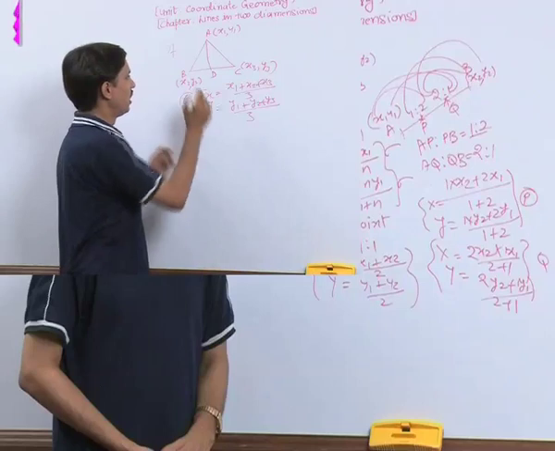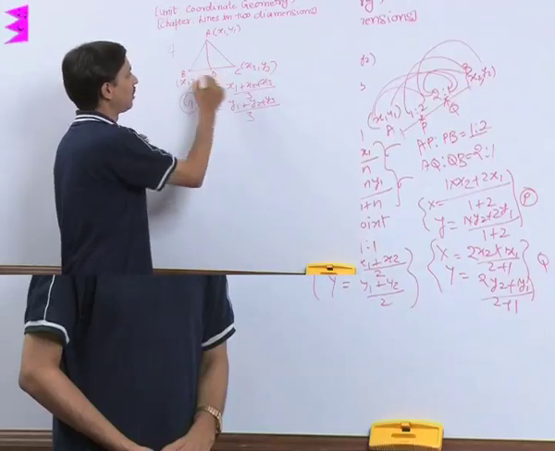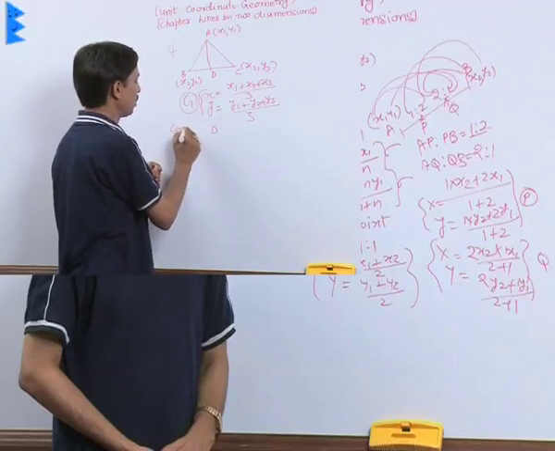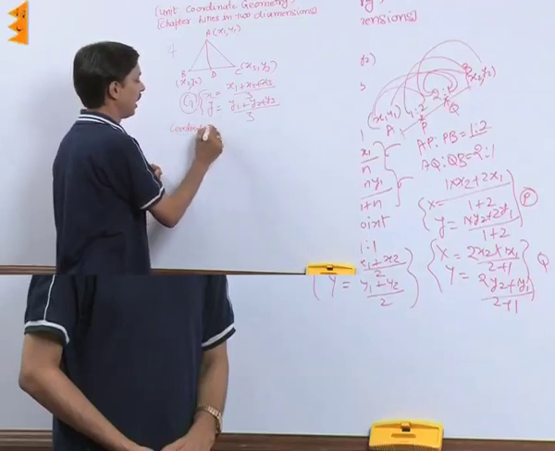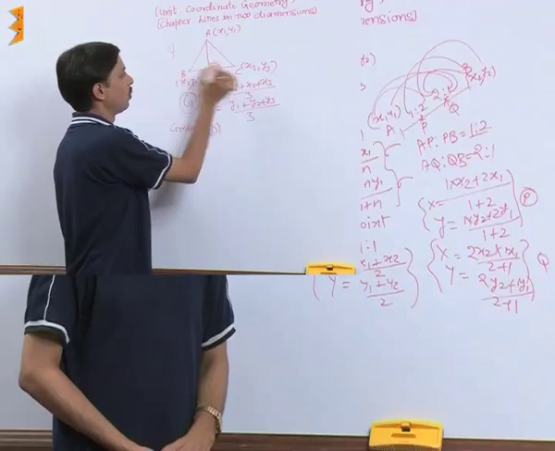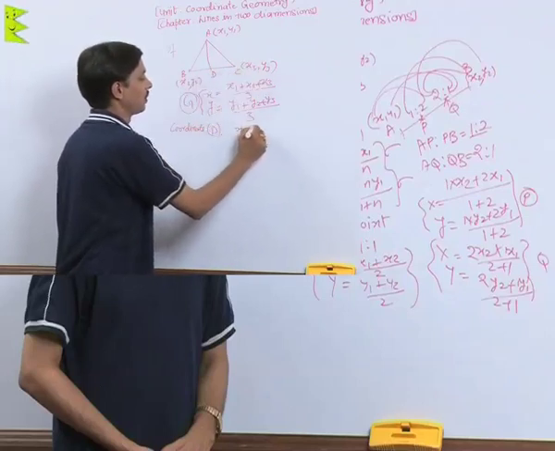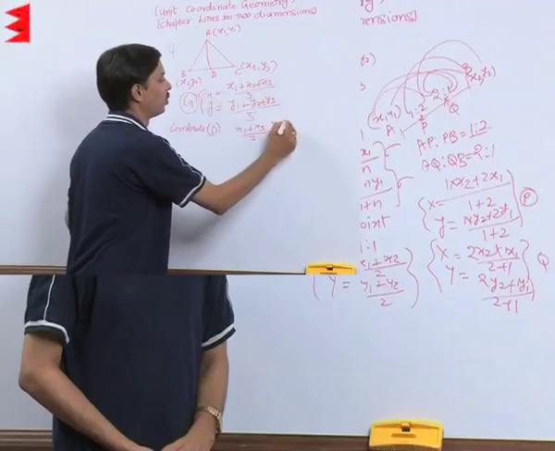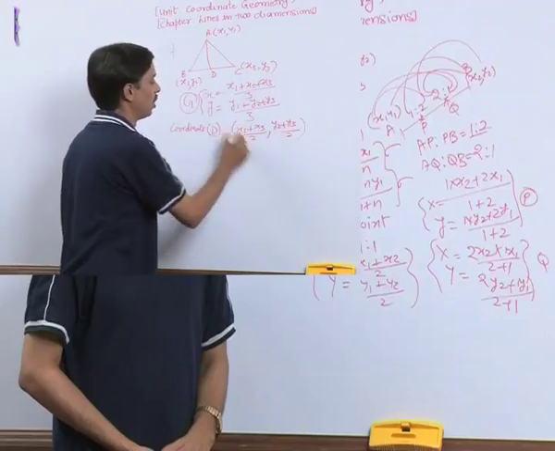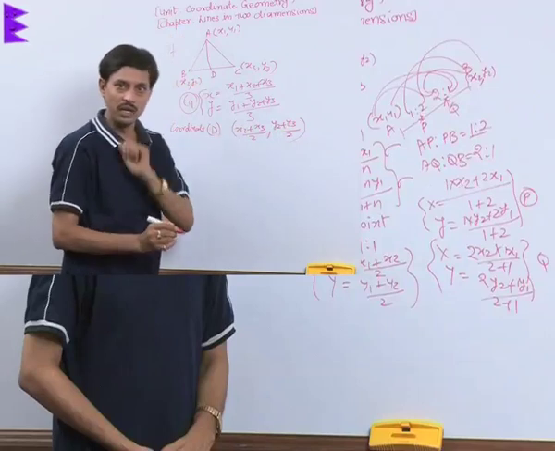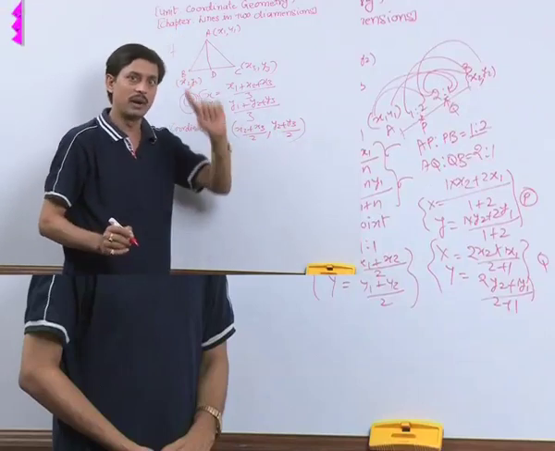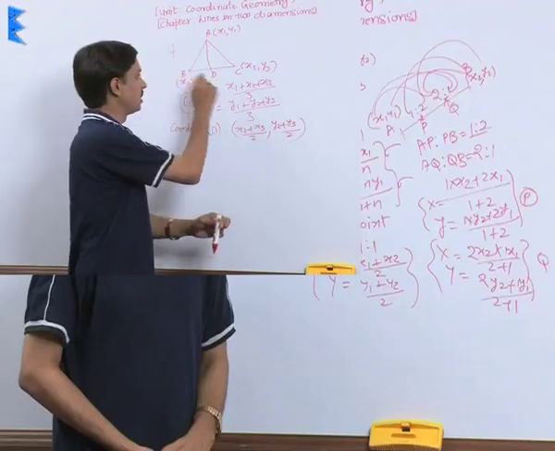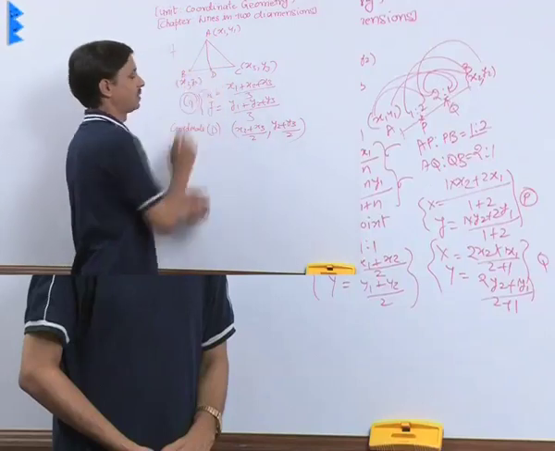If we talk about the coordinates of D, as D is the midpoint, they are given by x2 plus x3 upon 2 and y2 plus y3 upon 2, because AD is a median. Median means a line segment that starts from a vertex and meets the opposite side at its midpoint.